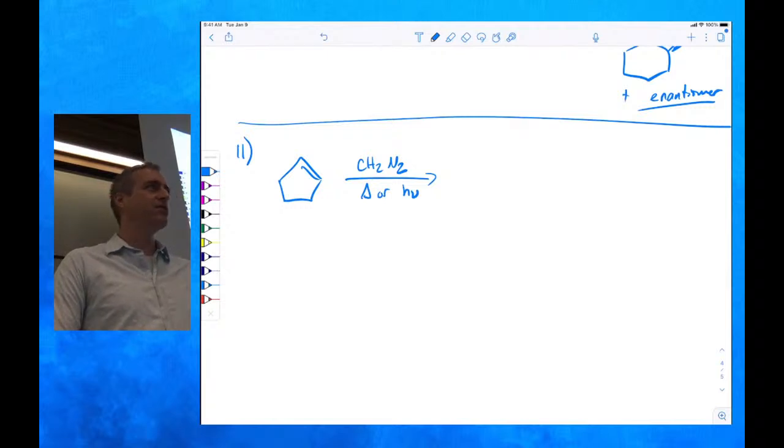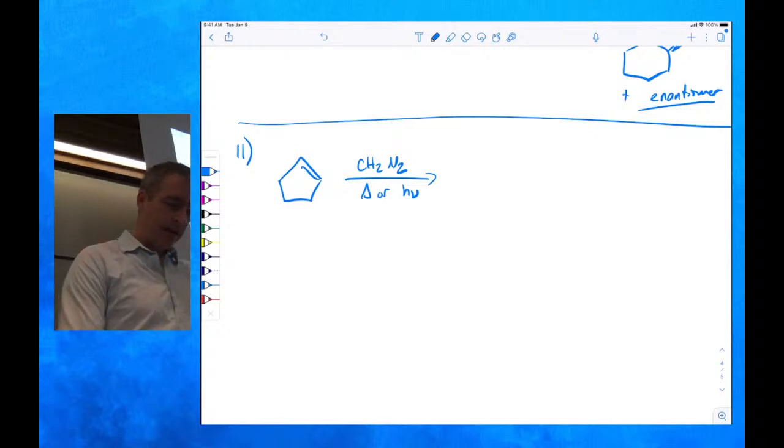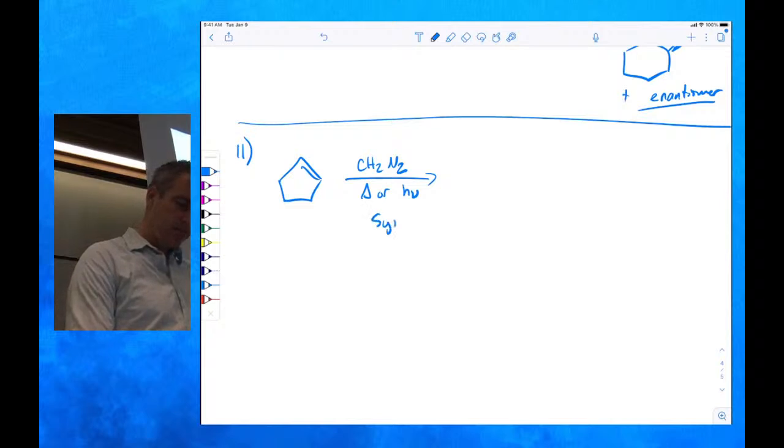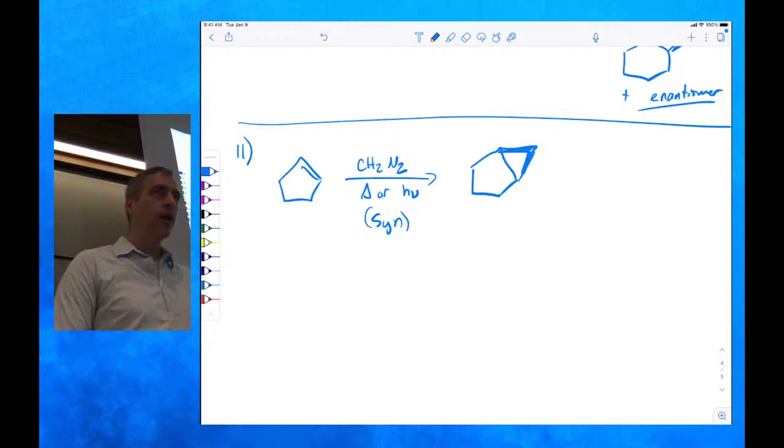We talked about how dangerous this stuff actually is. It will lose nitrogen gas, producing a carbene, which is CH2 with a lone pair. And what that'll do is it'll add syn. It'll give you a 3-carbon ring, cyclopropane, like that.